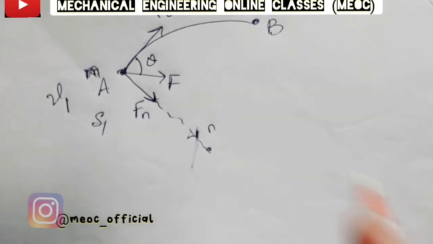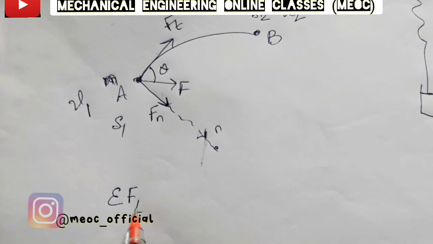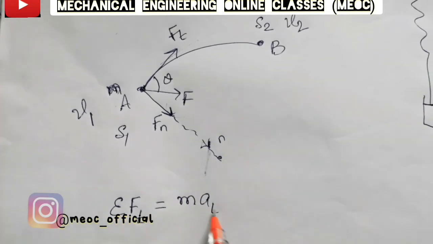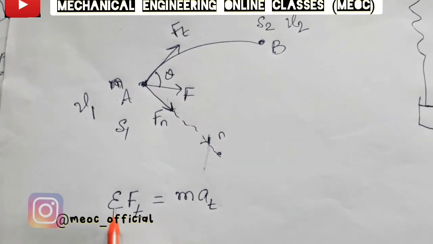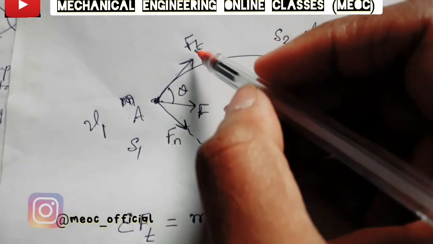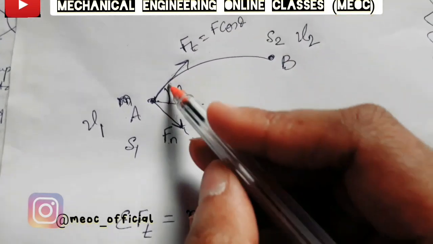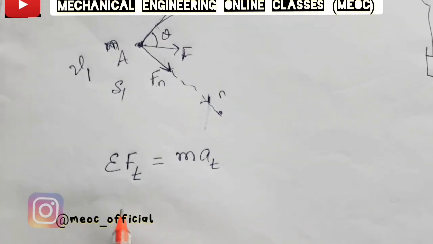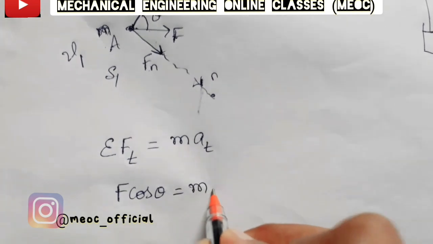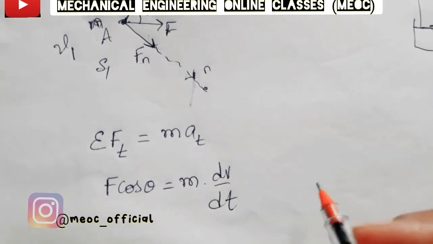Now we can apply Newton's second law, and according to Newton's second law we can write the sum of tangential forces as mass times the tangential acceleration. From this figure, F is the resultant of Ft and Fn. So Ft is nothing but F cos theta, because the angle between F and Ft is theta. So F cos theta is equal to m times At, which is nothing but dV by dt.